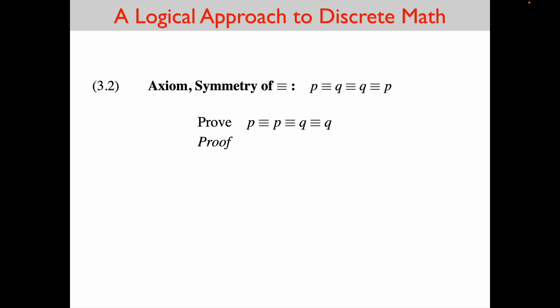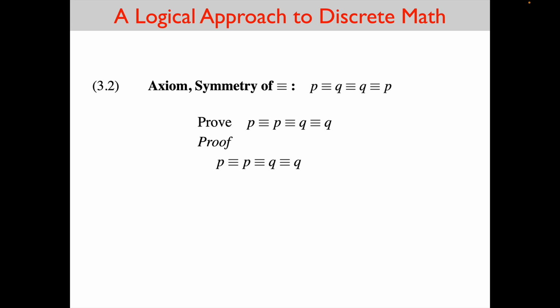So we start with P equivales P equivales Q equivales Q. And now we need to do a sequence of steps by which we transform this into a previously proved axiom or theorem.